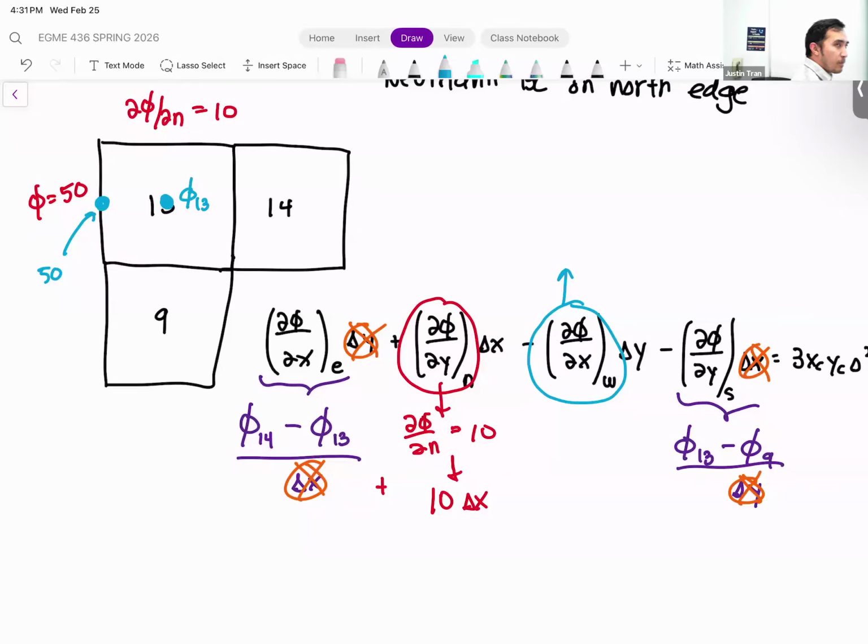So if you remember from last time, I think even the time before that, the way that we evaluate that space derivative is we essentially just do a central difference, but with a half grid spacing. Okay. So the grid spacing between this point and this point is delta x divided by 2. Okay. All right, and so this derivative here is going to be phi 13 minus 50, all divided by delta x divided by 2.